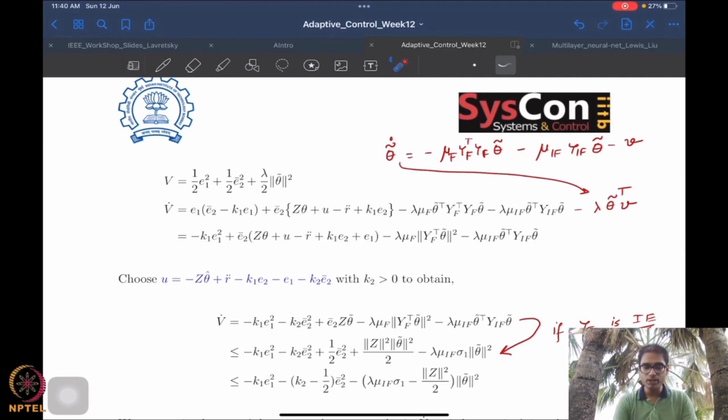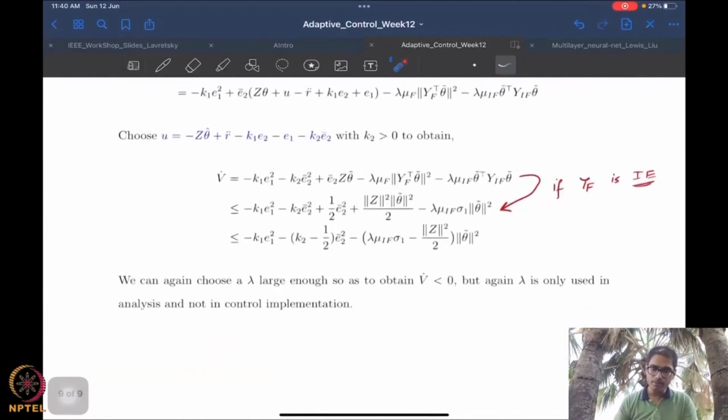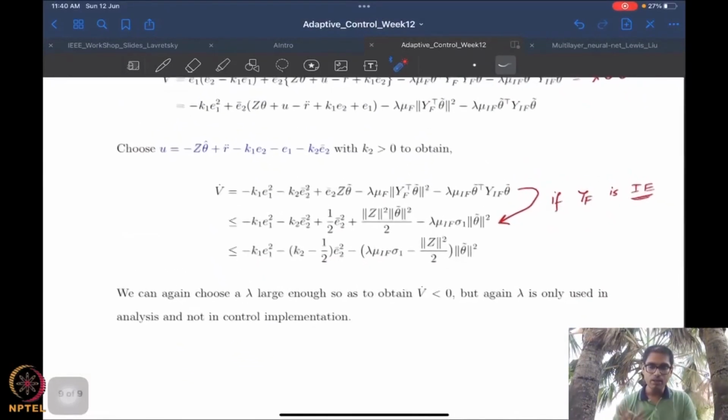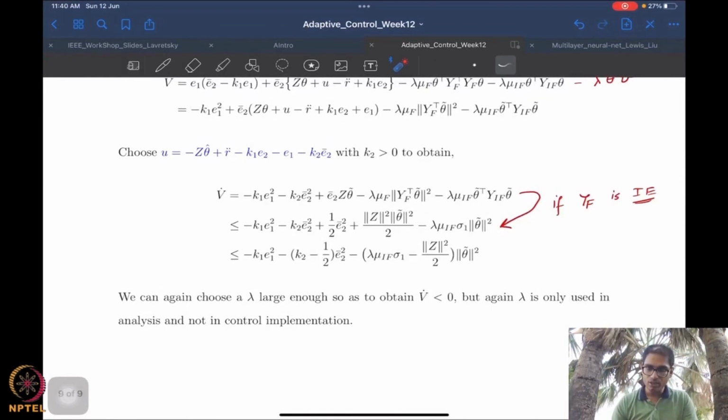Okay, so why am I trying to do this? Because we already saw that everything is nice if there is initial excitation, but if there is no initial excitation, both these terms are gone. I cannot really use them to dominate anything. But then I still have this mixed term, which I don't know if I can dominate in the absence of excitation because these two terms are gone. So then the only solution I would have is to somehow try to get rid of this term.